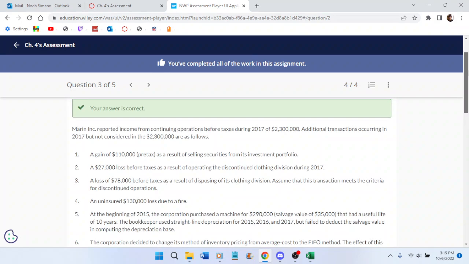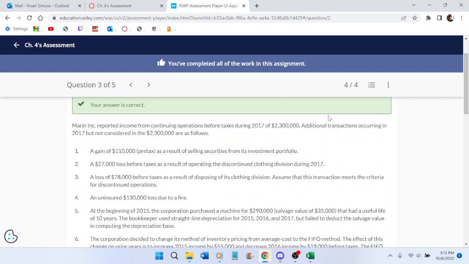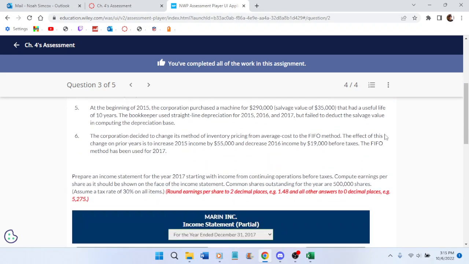Reported income from continuing operations as this. Oh, this is a great question.